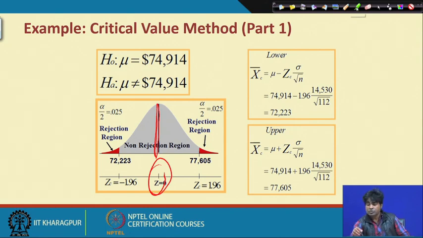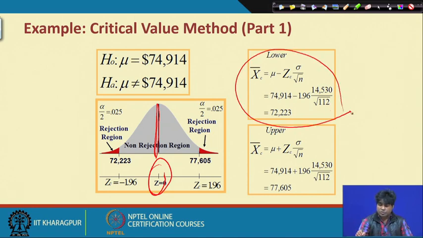So for the lower limit, mu is already specified, that is 74,914, minus Z critical, which we have already calculated as 1.96, and sigma is already specified, and n is assumed to be 112. So the lower limit figure will be 72,223, and corresponding to the lower limit, the upper limit will be mu plus Z critical sigma by root n.